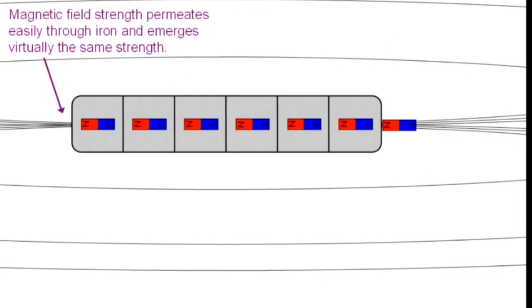You realize that the magnetic lines of force are going to be very, very close, and therefore this emerges with virtually the same strength at the pole of that given magnet. So the poles are very strong, and therefore the magnetic strength is very, very strong. Magnetic field strength permeates easily through iron and emerges virtually.